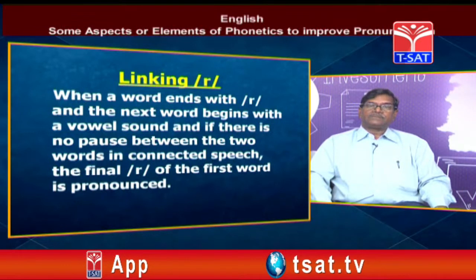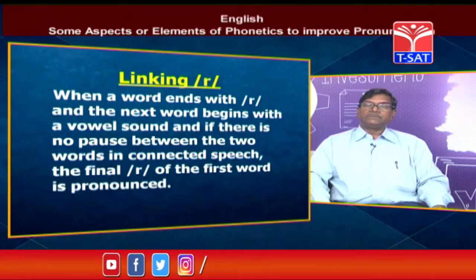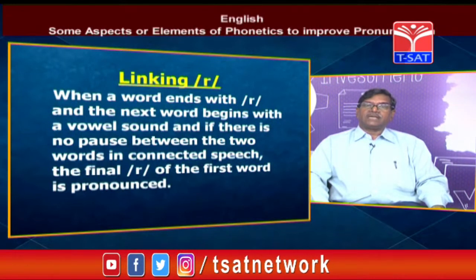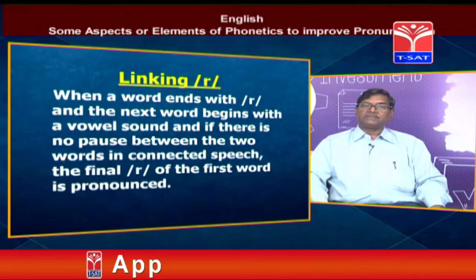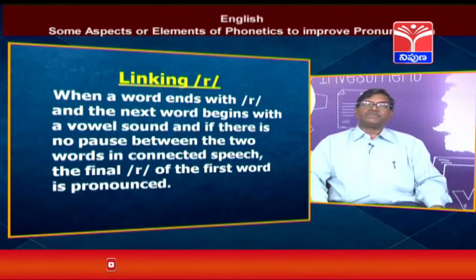R is followed by the sound D in the word garden. So, R sound is not uttered at word final position and when it is followed by a consonant sound, but it is pronounced when it is followed by a vowel sound.